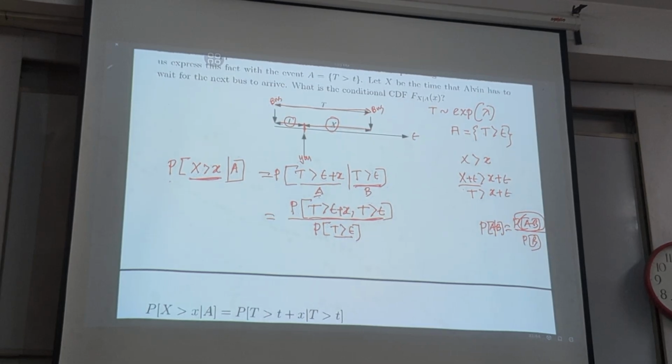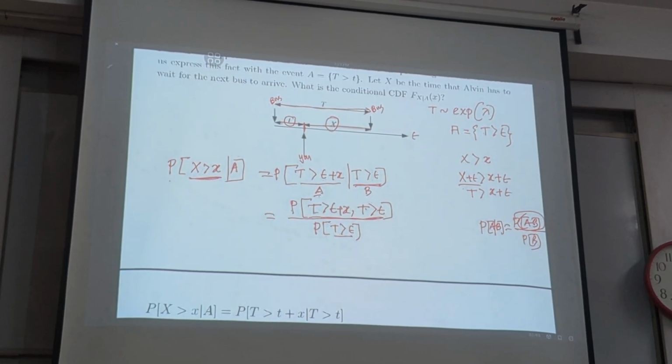Now, among these two, which one is common? For example, 2, 4, 6 and 4, 6. Which one is a subset of the other one? This one is a subset of the first one.